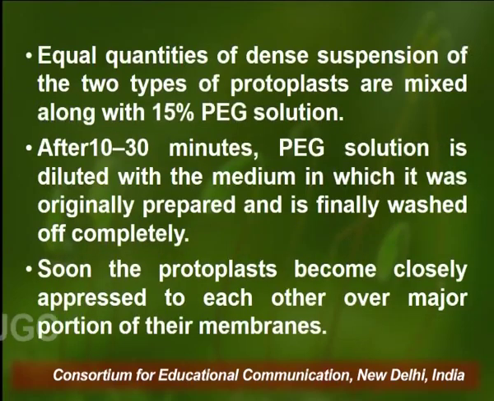Equal quantities of dense suspension of the two types of protoplasts are mixed along with 15% PEG solution. After about 10 to 30 minutes, the PEG solution is diluted with the medium in which it was originally prepared, and it is finally washed off completely. Soon the protoplasts become closely pressed to each other over a major portion of their membranes.